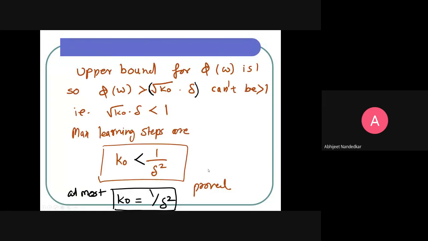In last class we have proved that perceptron is trainable in finite number of steps, provided the problem is linearly separable.